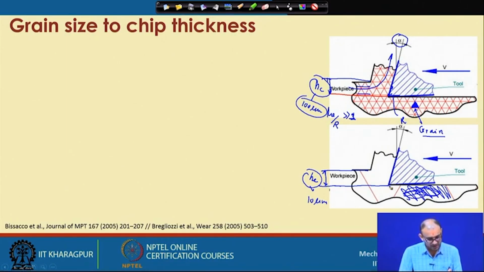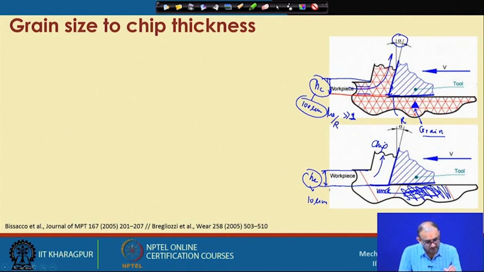So in this particular case, your tool is going to cut the grain. A part of this grain will come off as a chip, and the rest becomes the workpiece, because it is going below the cutting tool. In this case, the energy we have to spend for cutting this material will be very high, because you have to cut the grain.